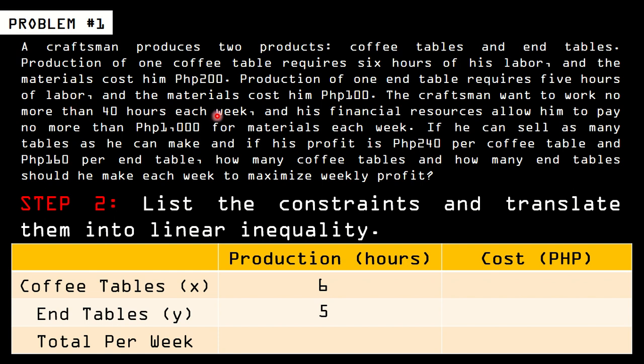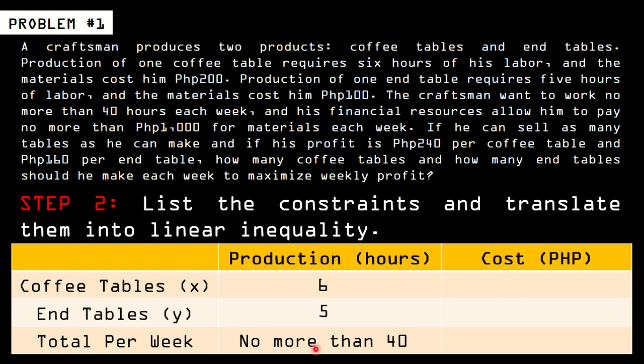So again, the craftsman wants to work no more than 40 hours each week. We need to translate it later, but let's just include it first: no more than 40 hours.